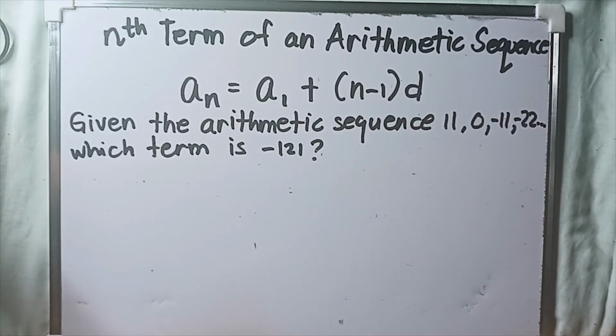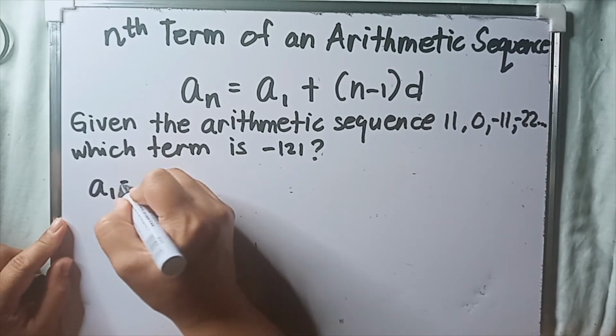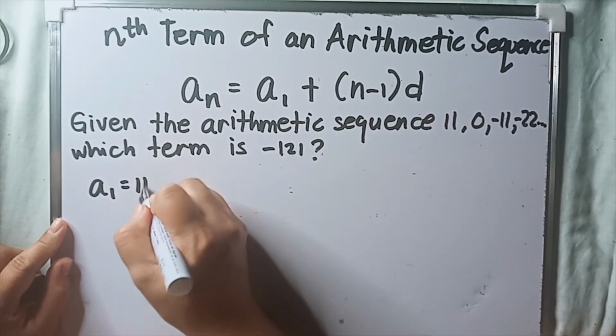Working on this next example, given the arithmetic sequence 11, 0, negative 11, negative 22, and so on, which term is negative 121? So, firstly, identify natin yung given doon sa ating problem. So, obviously, we have our first term, which is 11.